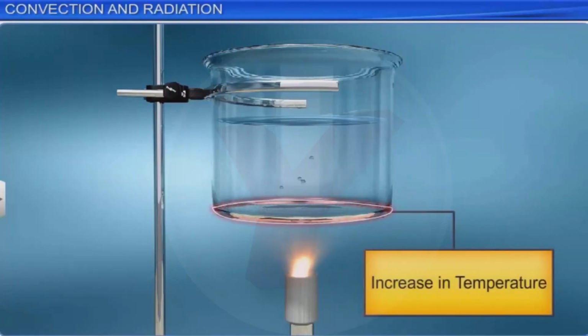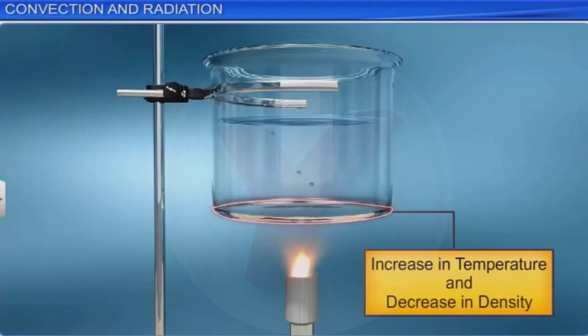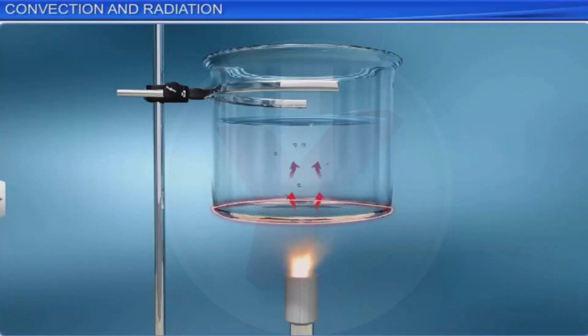Because of a rise in temperature, this part of water expands, and as a result, its density decreases. This low-density warm water is lifted up towards the surface due to buoyancy, and the denser cold water moves down and comes into direct contact with the hot base of the container.